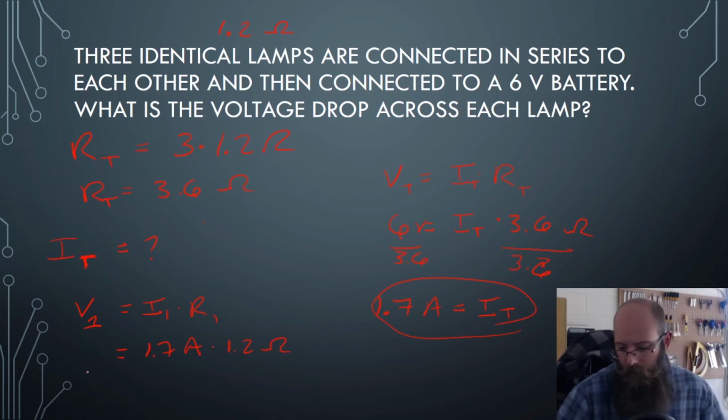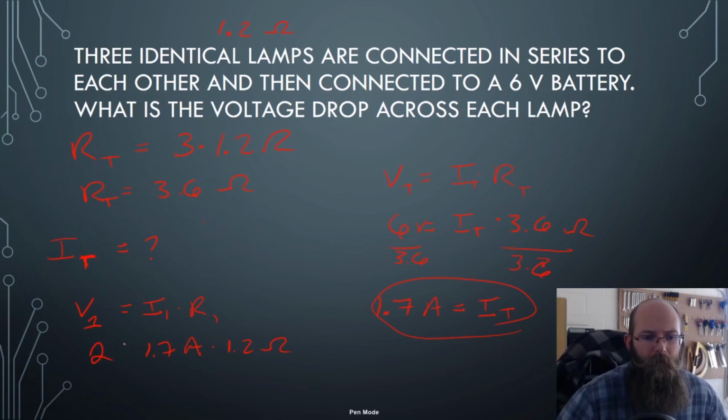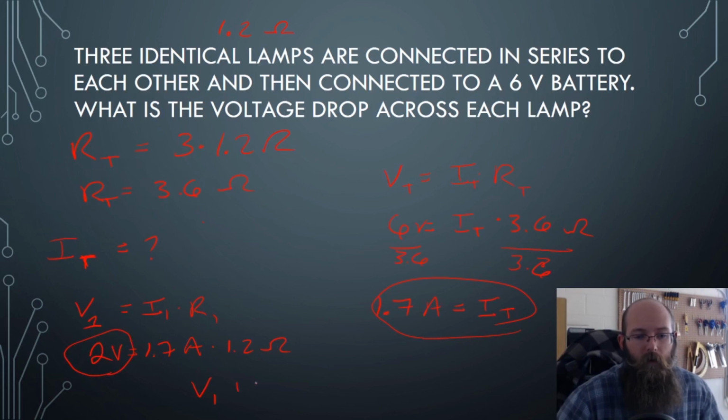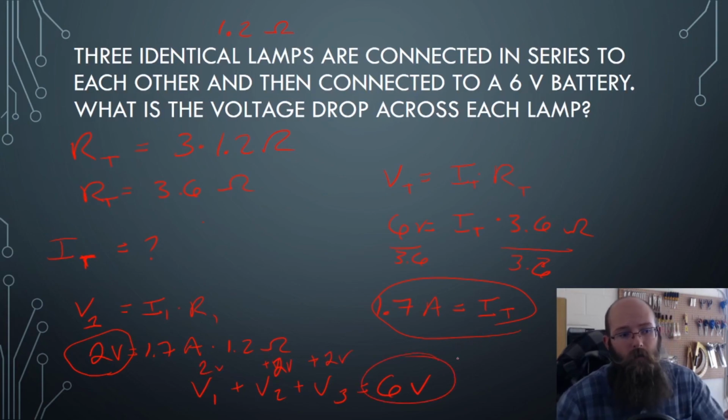Multiplying those two things, I end up with 2, and that's going to be volts. 2 volts is what's going to be across each of those. You'll also notice that my voltage across 1 plus voltage across 2 plus voltage across 3 should add up to my total voltage, which it will, because each one is equal to 2 volts. Man, I cannot write today. So 2 for each of those, they add up to my total of 6. Awesome, we know we're good.